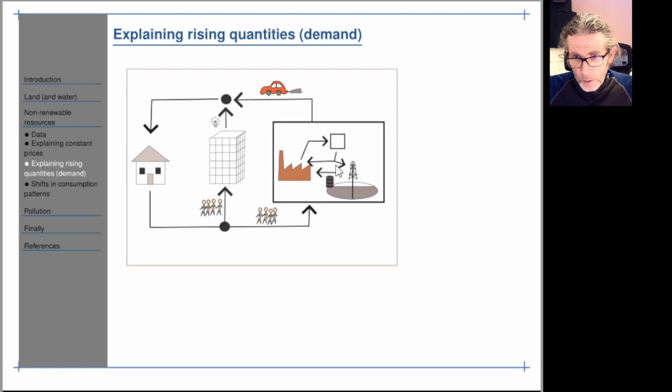Okay, so this is very simplified. In the immaterial sector, we only need labor and maybe some capital. Okay, but it's basically labor.